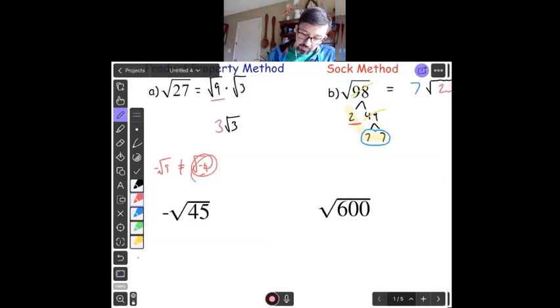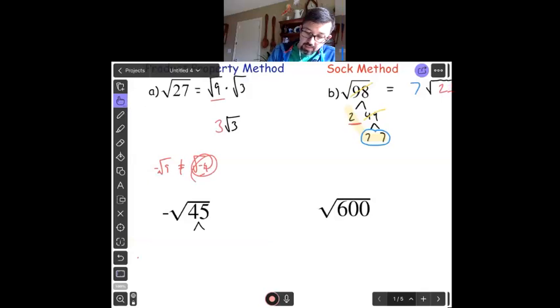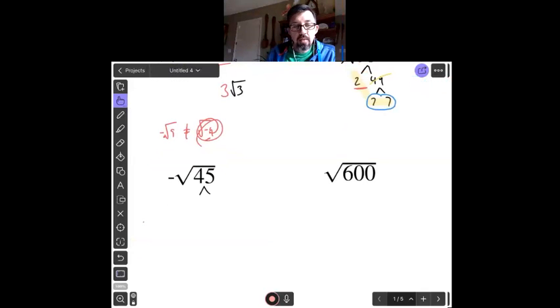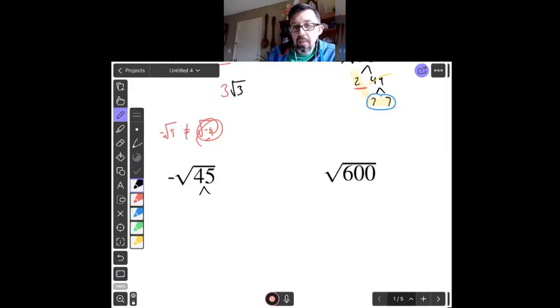So negative square root of 45, essentially what I want to do is just break apart 45. 45 is not even, so I can't get 2 into it, but does 3 go into 45? I always want to start with the smallest thing I can. Yep, got that 15 times.